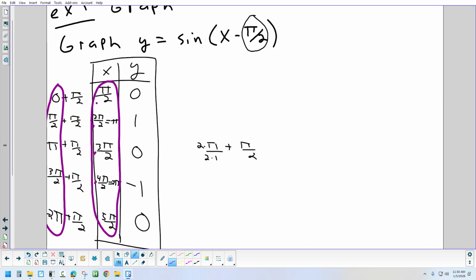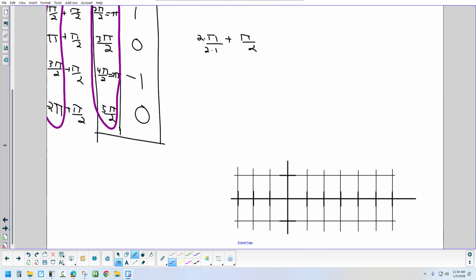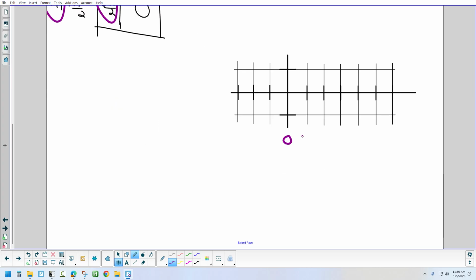So when we label our axes, the only rule is that you keep everything equally spaced. So let's use these as our labels. This would be 0, pi over 2, pi, 3 pi over 2, 2 pi, 5 pi over 2. You do have to put those labels in.